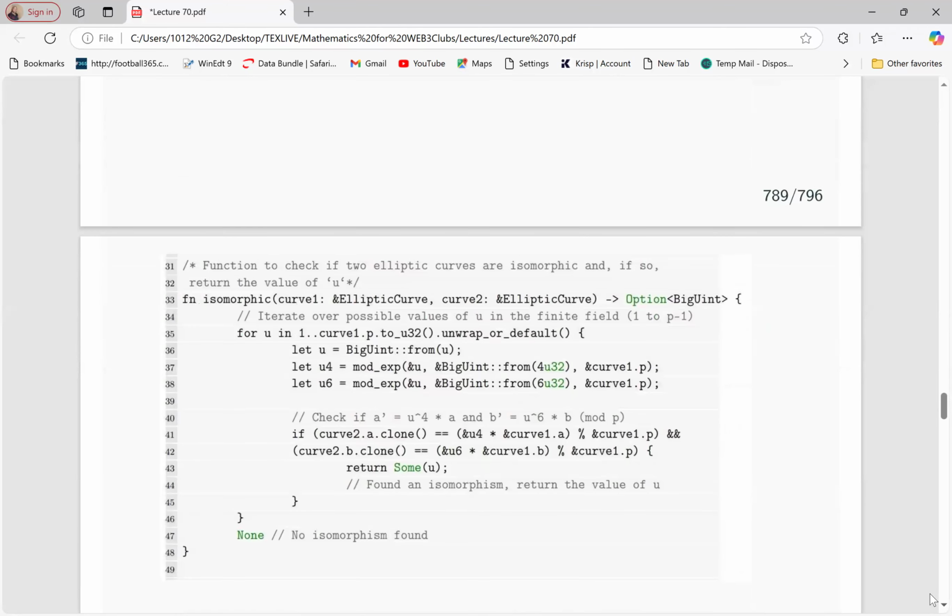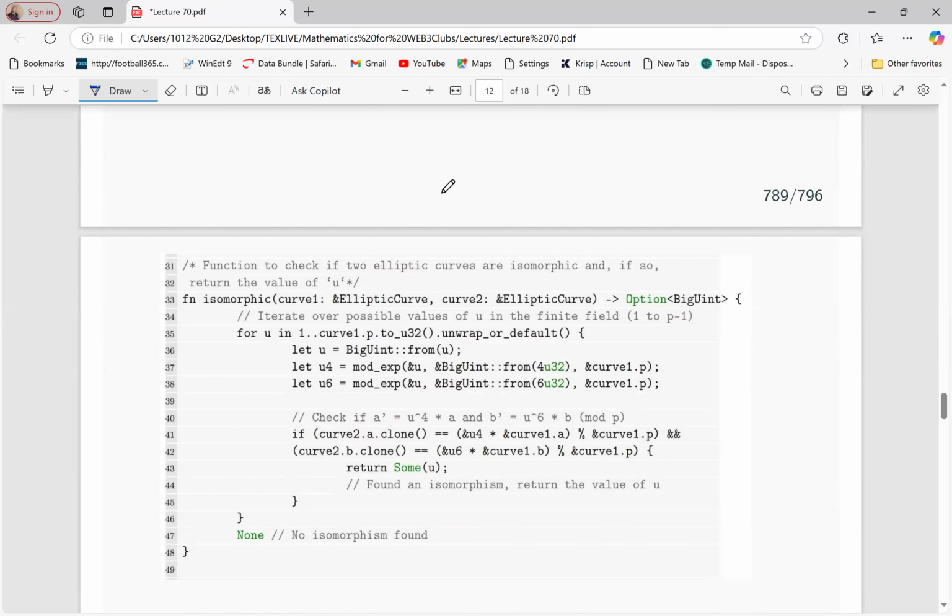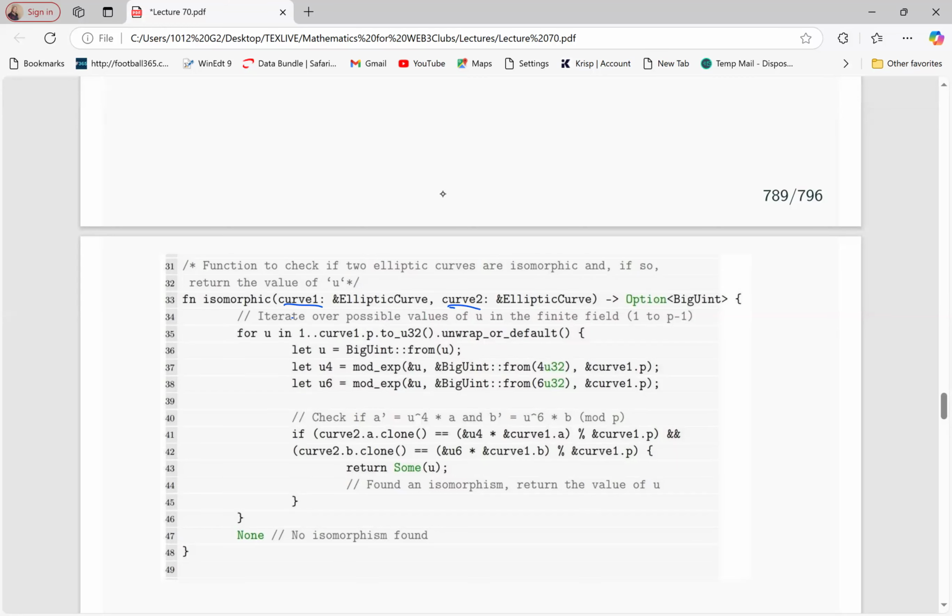Then we have now the function to check whether the curves are isomorphic. It's checking the two curves. You have curve 1 of the elliptic curve, and then curve 2 of the elliptic curve. I've just given it the formulas, and I've told it for u in the range 1 up to p of curve 1, it does this calculation.